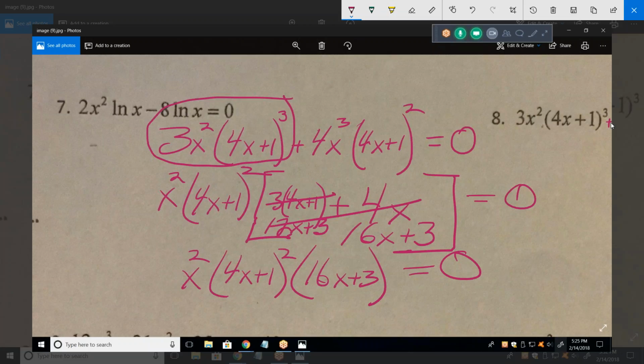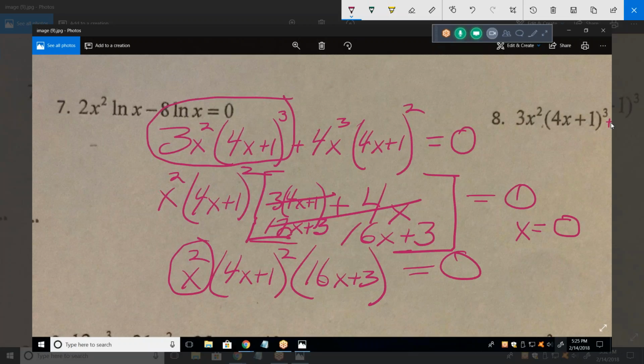So now what? What are my solutions? Start from left to right. Well, for the x squared, it's just 0, right? Yeah. So that's one solution. Obviously, if that's 0, the whole thing is 0.